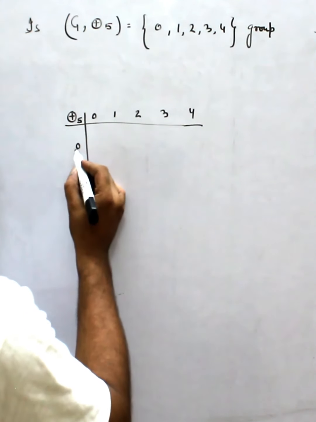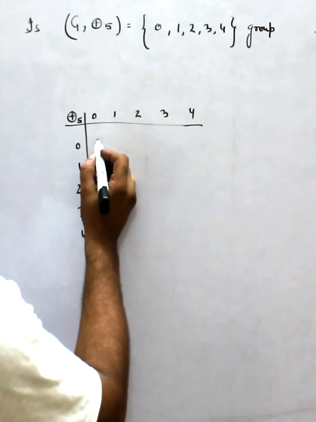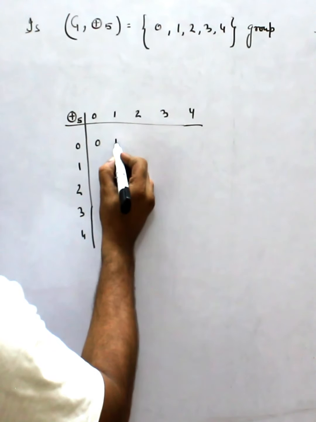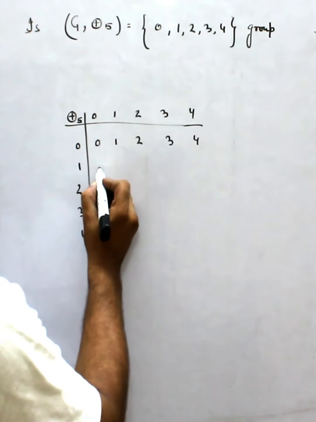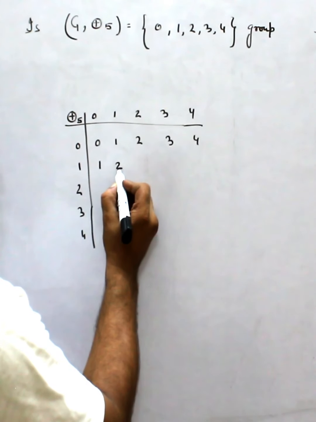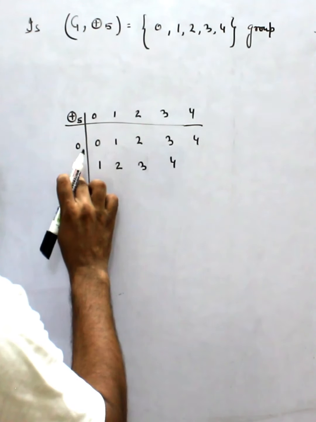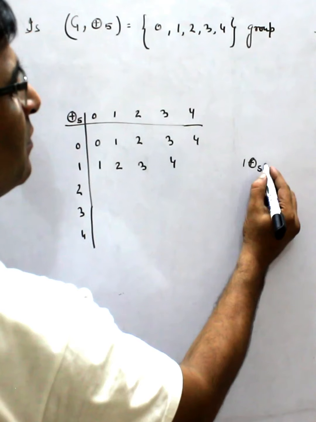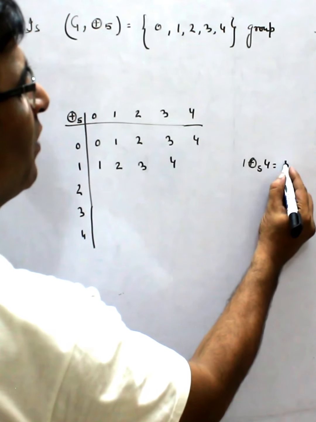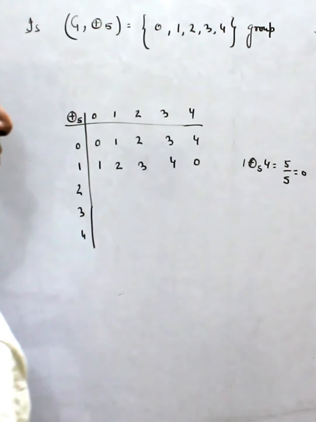Then what happens? 0 is the identity, obviously, so we can check 0, 1, 2, 3, 4. With 1, this is 1, this is 2, less than 5, this is 3, this is 4, and 1 and 4 become 1 plus 4 equals 5, divided by 5, that we get 0.